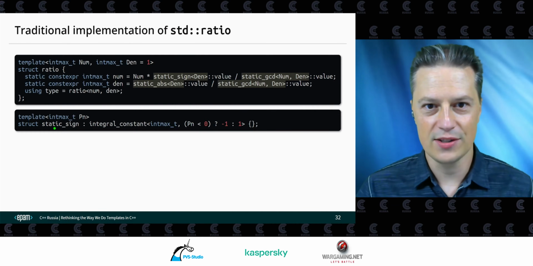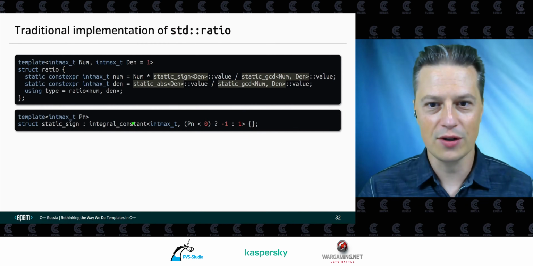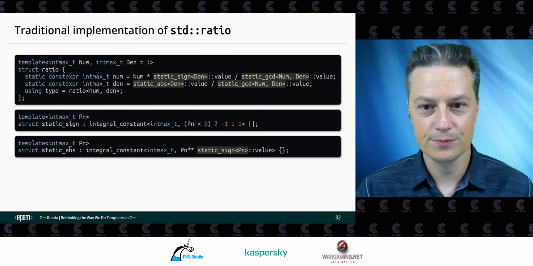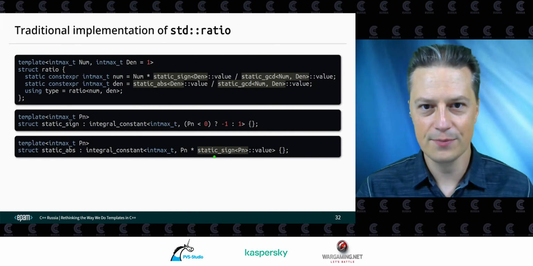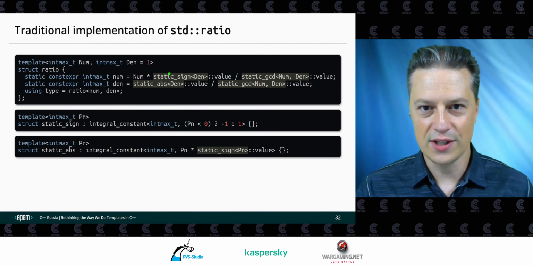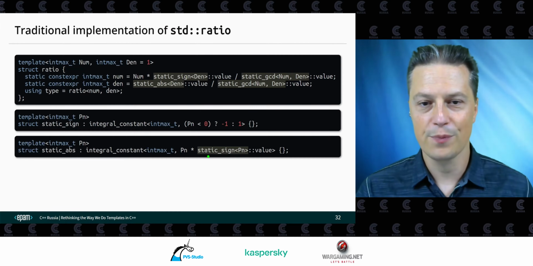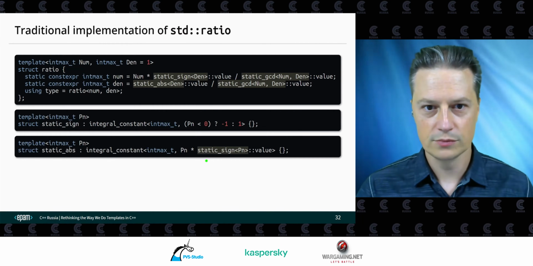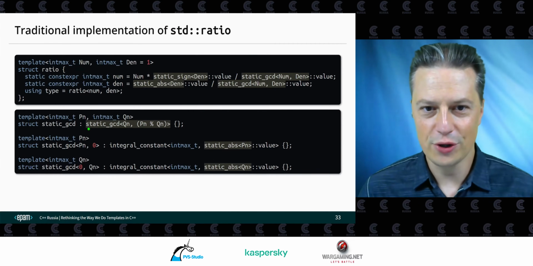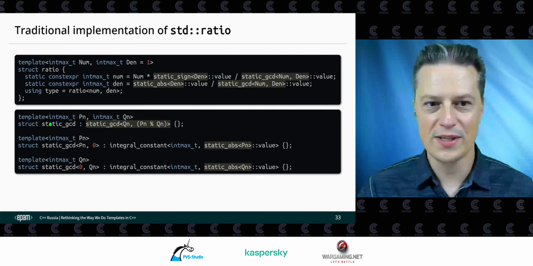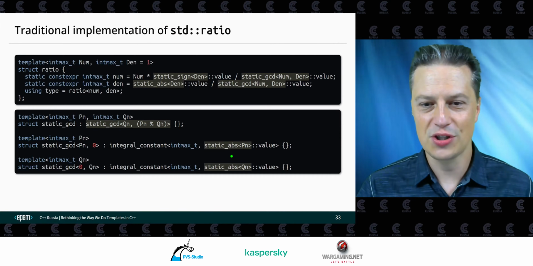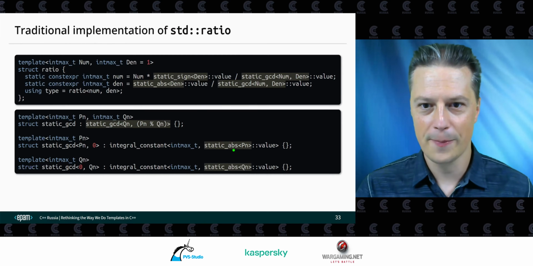So static sign can be implemented this way, integral constant. Static ABS can be implemented this way, using static sign again. So you already have static sign here and here being instantiated. Static GCD is another part of instantiations. So basically it instantiates, let's say, recursively here, and also you instantiate static ABS class templates here.